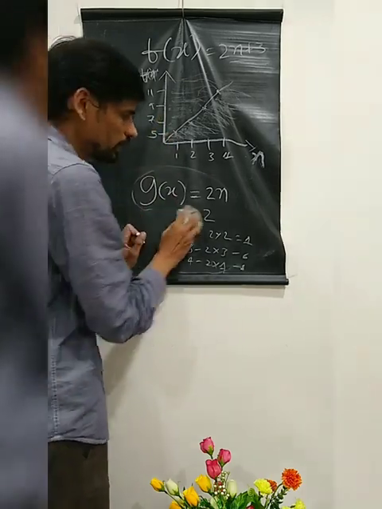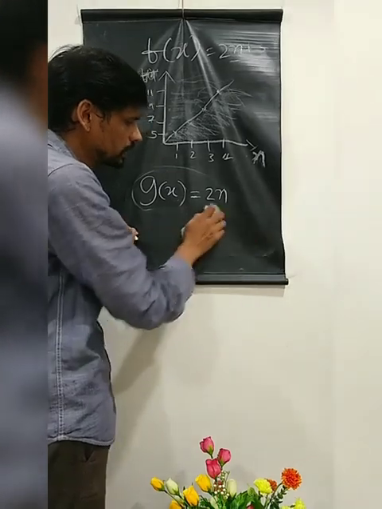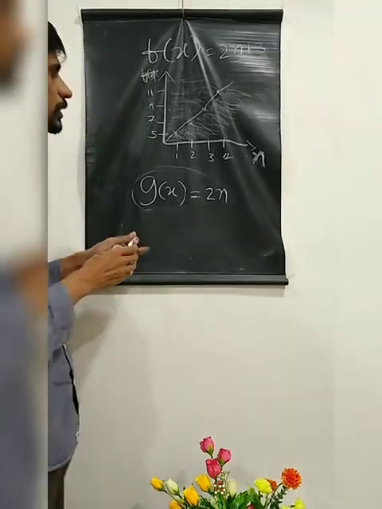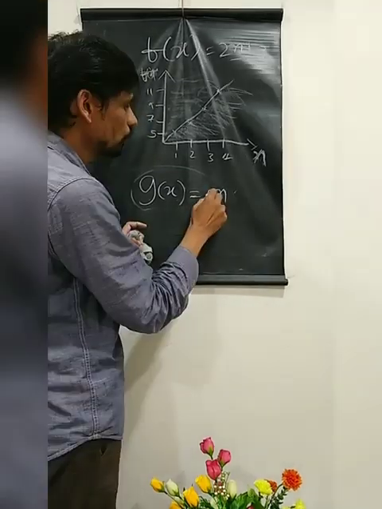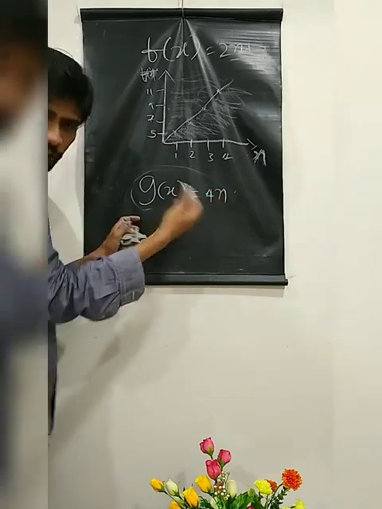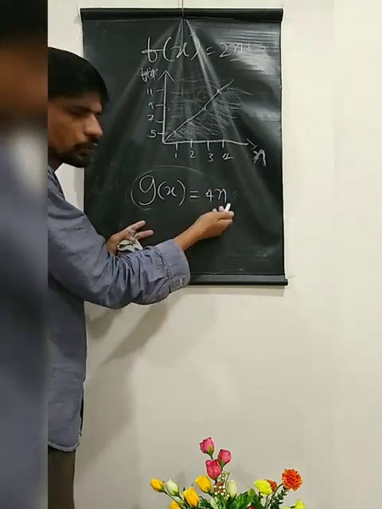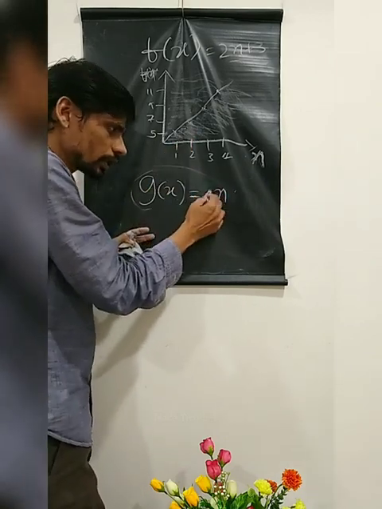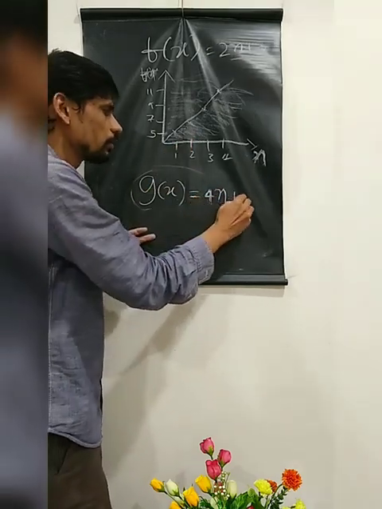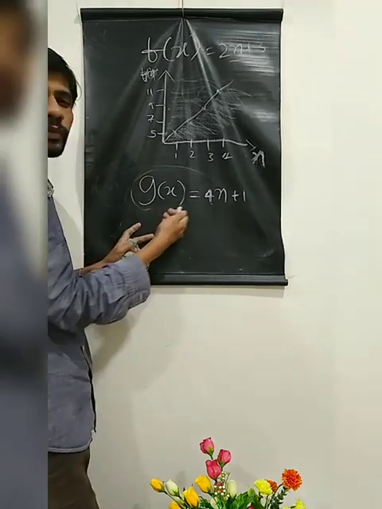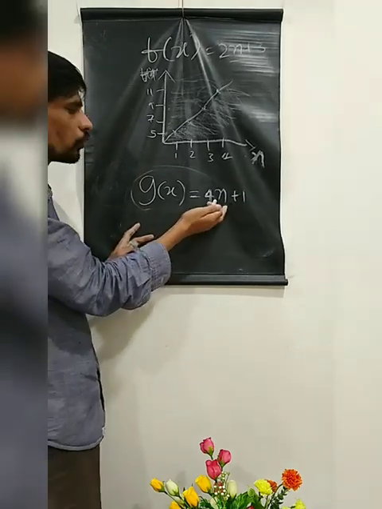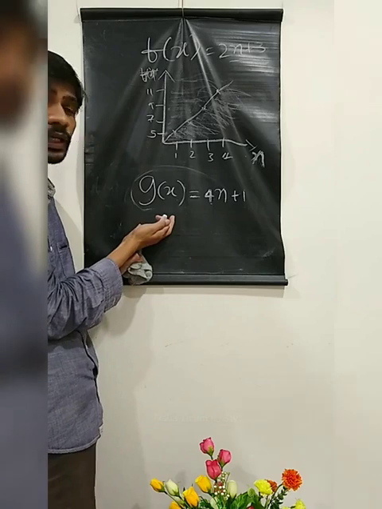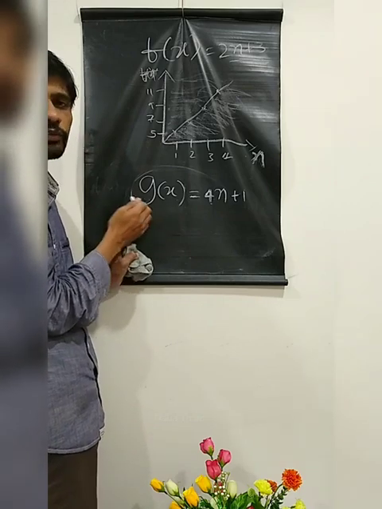You can represent this in any format basically. What I previously discussed, 2n, will also produce a proper result, but I am taking 4n plus 1. For example, I am choosing 4n plus 1 as my g of x.